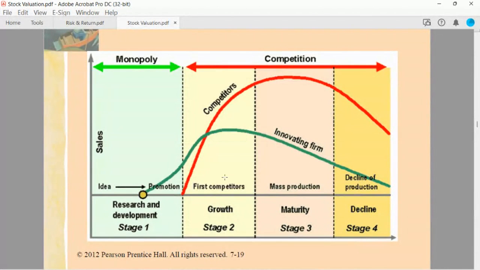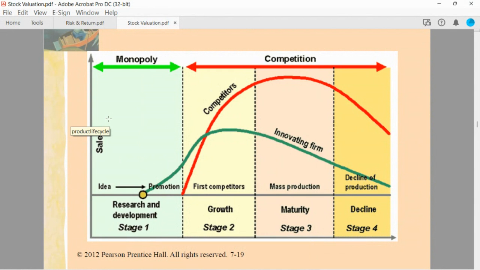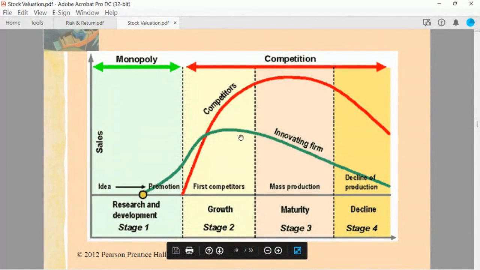But look, when we say stage one, stage two, stage three, stage four, those stages are divided by the whole pattern in the industry, not just one company. Because look, the innovating firm, the green curve, is already in decline when it is in the maturity stage.